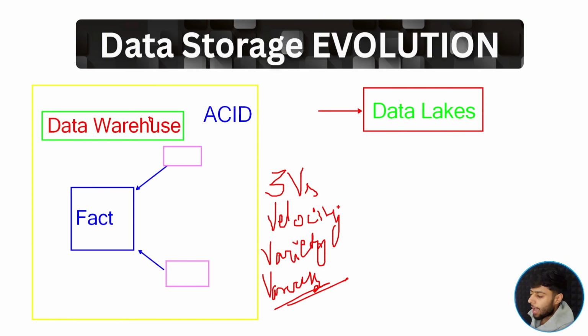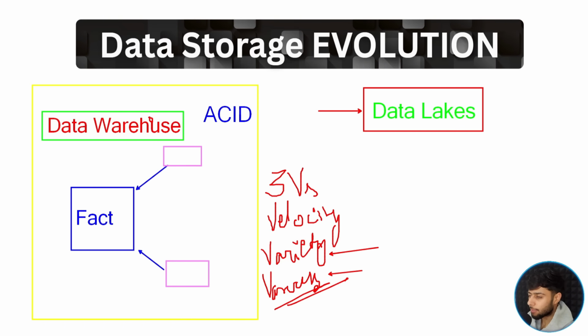Data was being generated at a rapid rate, and we were not able to handle that speed. Second thing, variety. We were receiving not only structured data, we were receiving unstructured data, semi-structured data, images, files, so many things. So variety was growing. Then veracity, we were not able to trust the data.